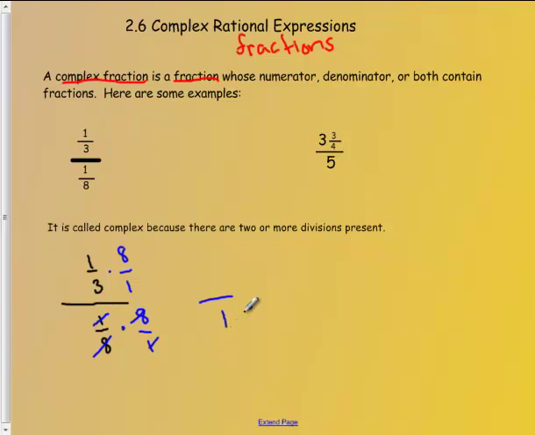Hey, that's why we flip and multiply. Get it? 1/3 over 1/8 is really 1/3 divided by 1/8. And do you see how we got rid of the denominator? We flipped and multiplied. So that's why this switches into 1/3 times 8 over 1, because we flip and multiply. And there's the secret of division.